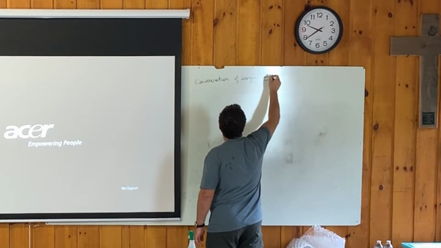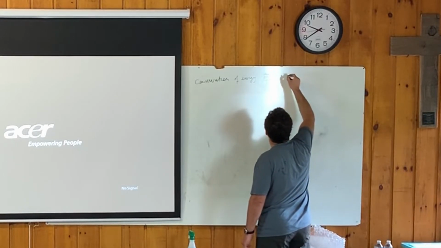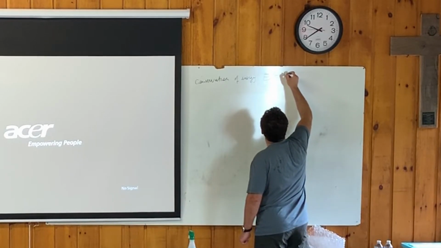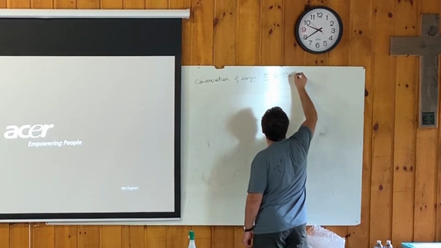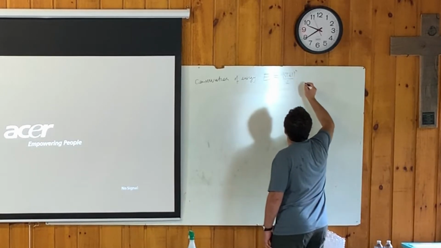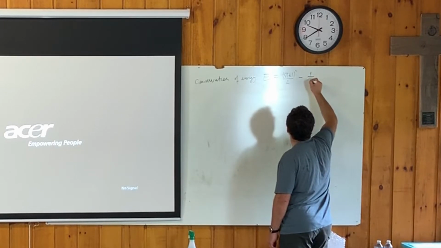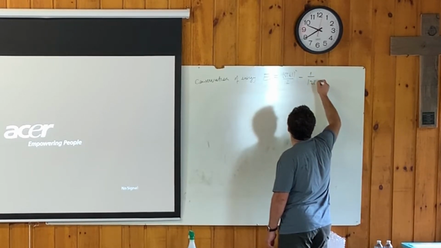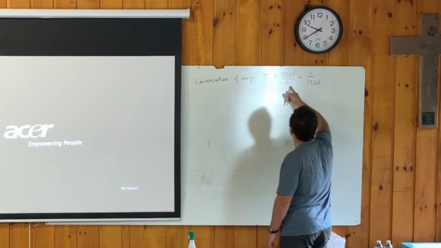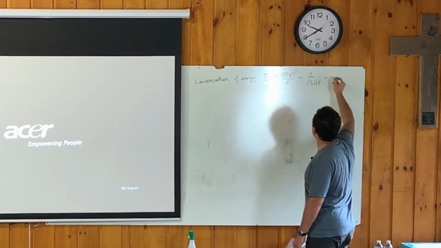So this is E, which, as you know, is the sum of kinetic and potential energy. I set all the constants equal to 1. So it's V of t squared over 2 minus 1 over the distance from the sun. This is the kinetic energy, and this is the potential energy. And so this is also constant.